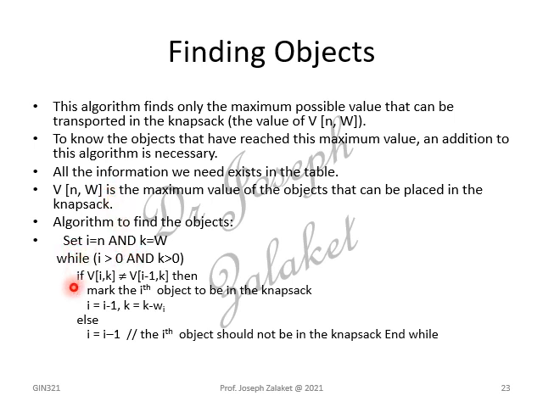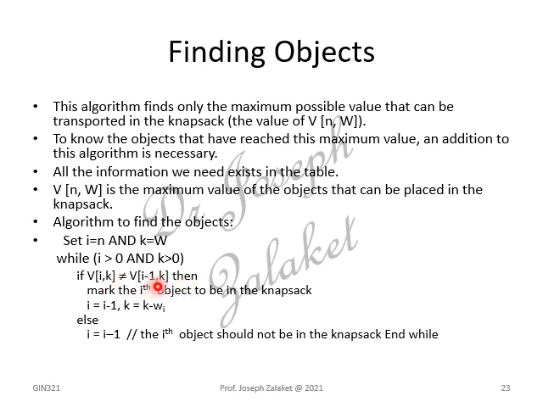We'll see this algorithm as pseudocode: set i equal n and k equal W. While i greater than 0 and k greater than 0, if V[i][k] is different from V[i-1][k], then we'll compare, starting from the last element inside the matrix, the element that exists at position V[n][W], with the element at the same column but in the previous row.